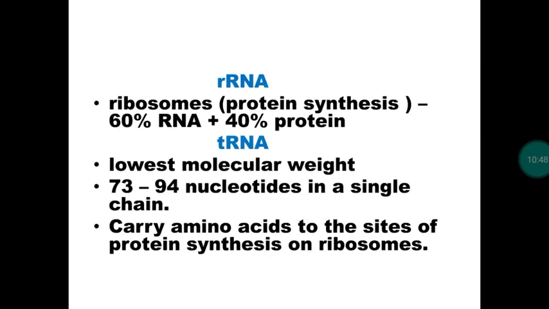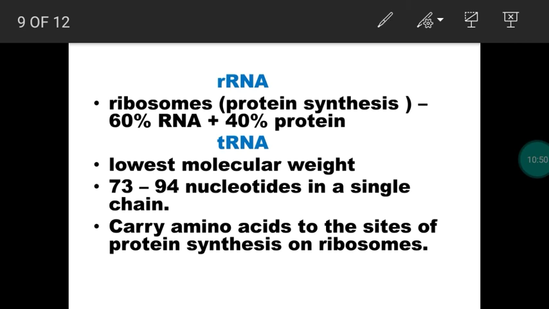First, ribosomal RNA, which is present in the ribosomes where protein synthesis takes place. The ribosomes contain 60% RNA and 40% protein. This ribosomal RNA is mainly used for the protein synthesis process in ribosomes. Then transfer RNA, which has a very low molecular weight.